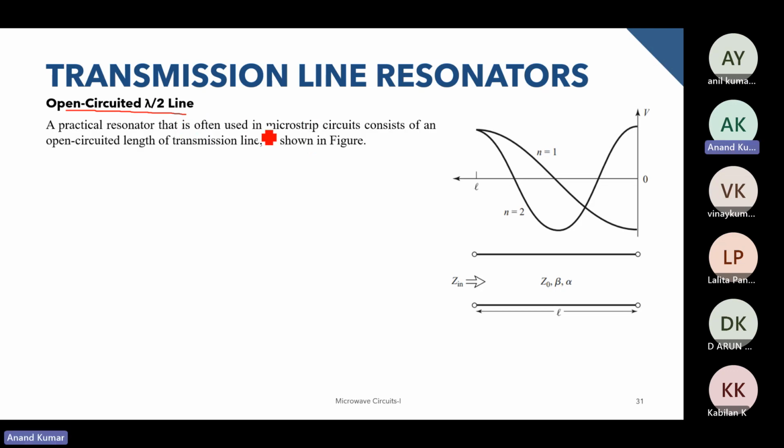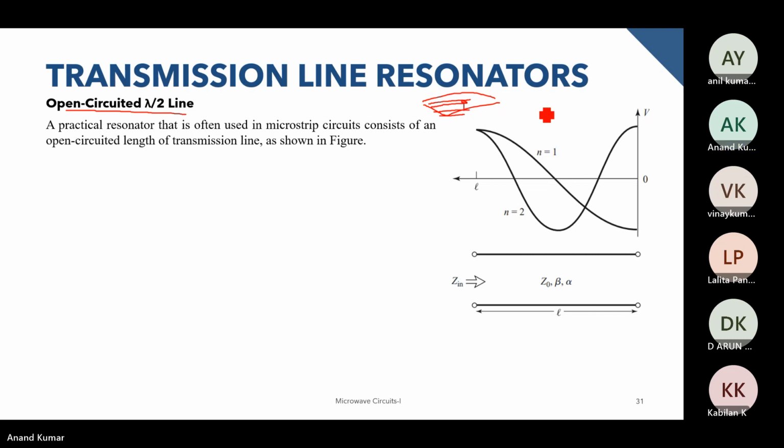Often we cannot have short circuited lines on the circuit. For example, if you are familiar with PCBs and microstrip lines, and you have a microstrip line like this and want to short circuit it, you have to make a via over here and plate it through hole to get the short circuit.